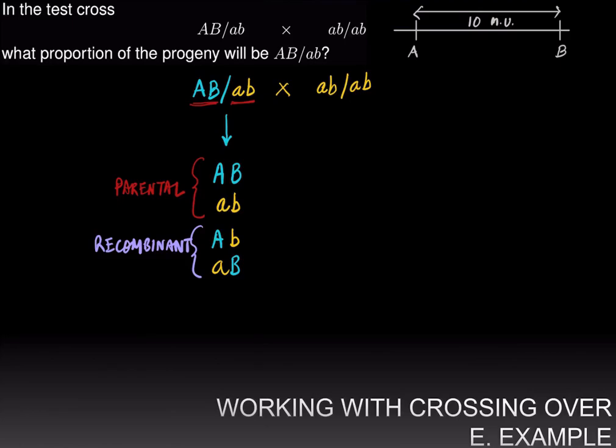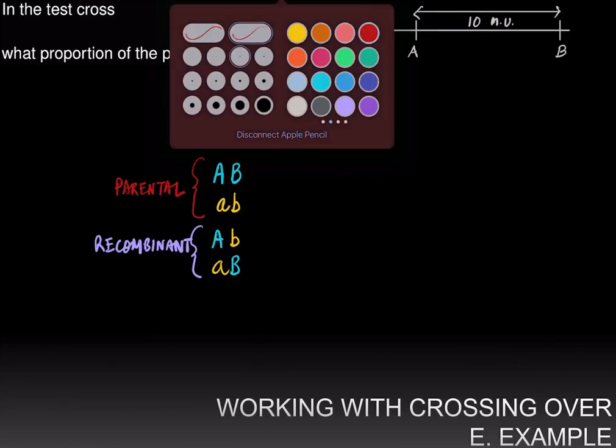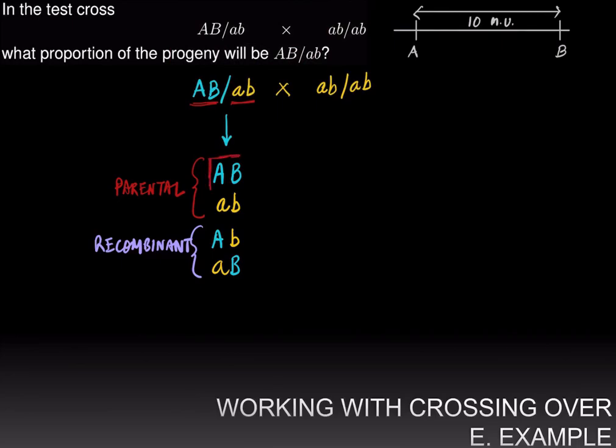Now, our goal is to determine what proportion of the gametes, and hence the progeny of this test cross, have the genotype big A, big B.